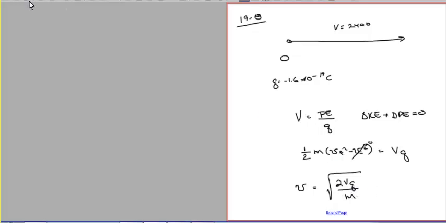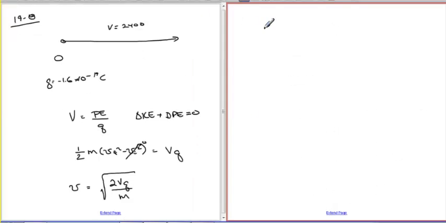So we get the final velocity. Even though we don't know the distance it's traveling, because voltage is potential energy per charge, we can use conservation of energy rather than Newton's second law. We probably can't use Newton's second law because acceleration is probably not constant.